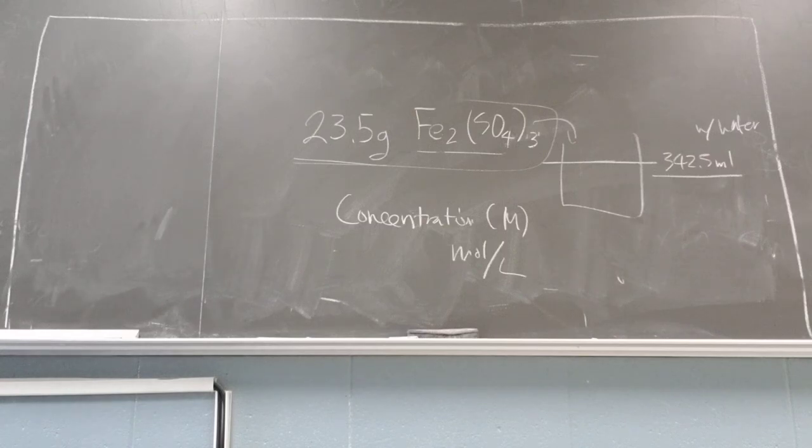Yeah, you need to start looking at the periodic table. That's a good sign because you need to use the atomic mass for each element to get the formula weight, and you'll be able to know how many moles you have there. Okay? So it takes about 3 minutes at least.